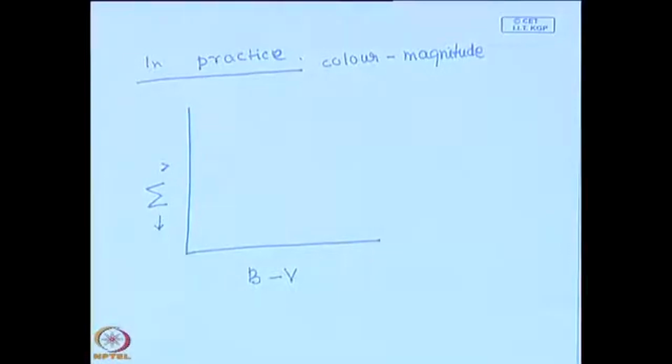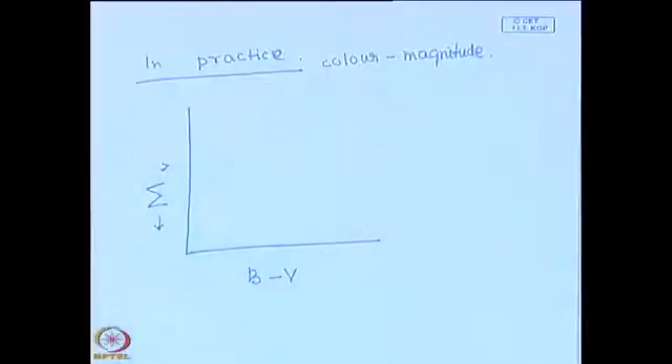Now, a point which I should make, that when this diagram was introduced at the end of the 19th century or beginning of the 20th century, people had no method of determining distances to stars except for parallax.